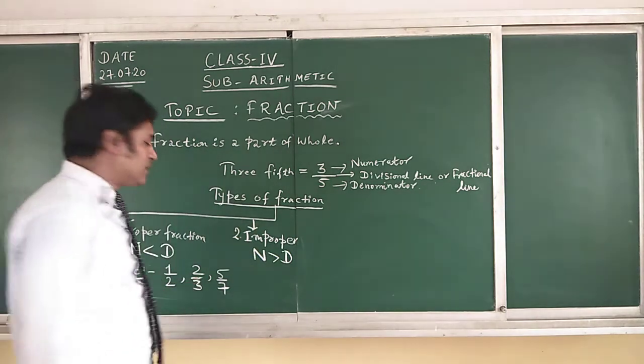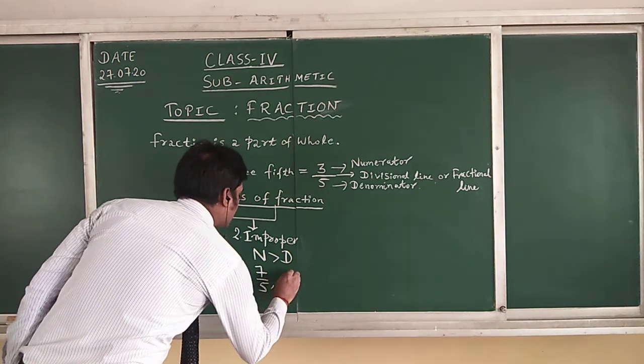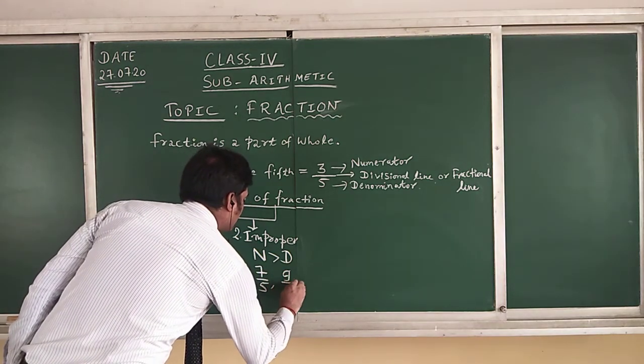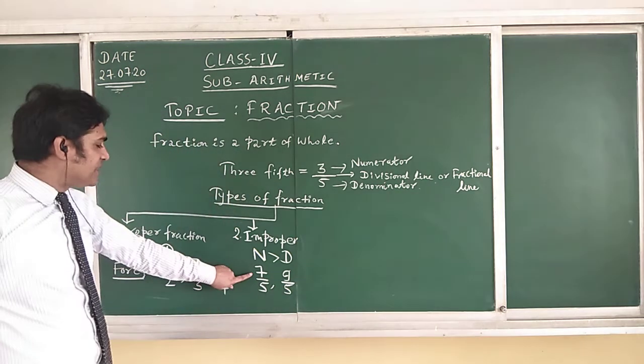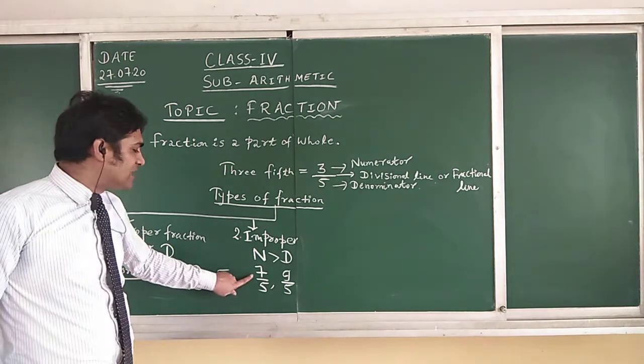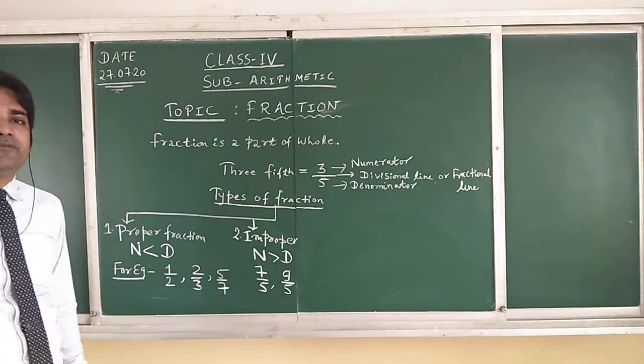For example, 7 upon 5, 9 upon 5, where we see that the numerator is bigger than the denominator, so we call it improper fraction.